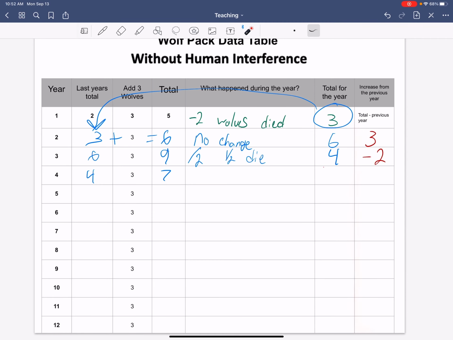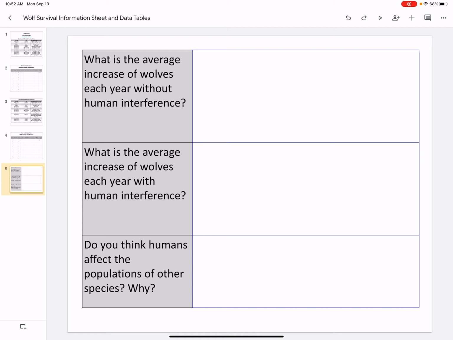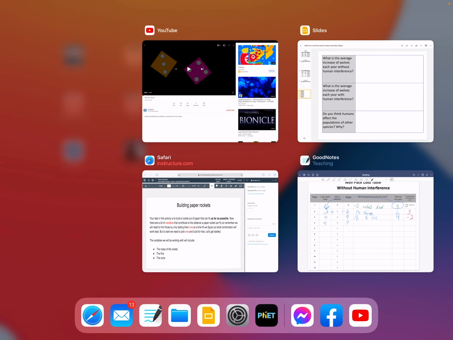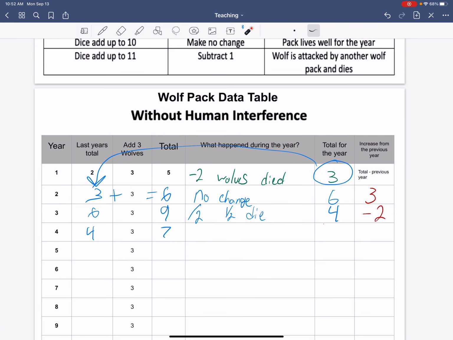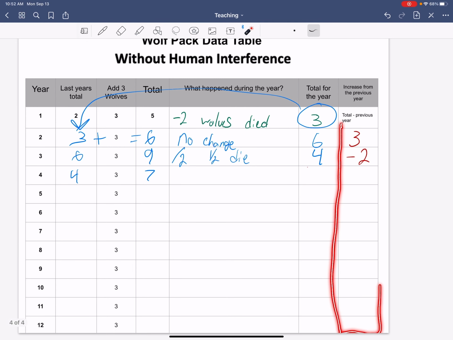Then back on the assignment, there we go. On the analysis page, it says, what is the average increase of wolves each year without human interference? So I come back over here, look this over, and add together all the numbers in this column. For example, 3 plus -2 is 1, because when you add a negative, you're subtracting that number.